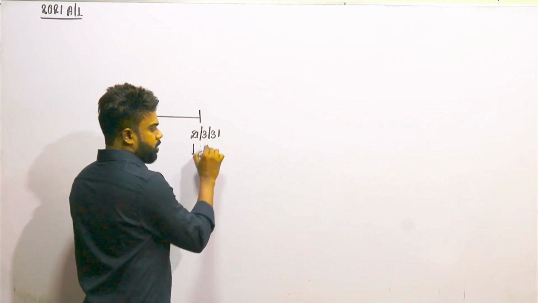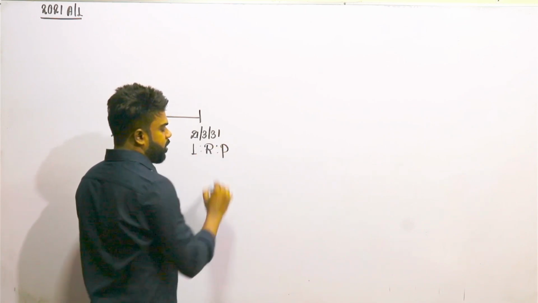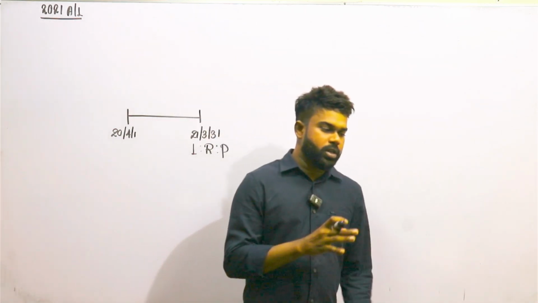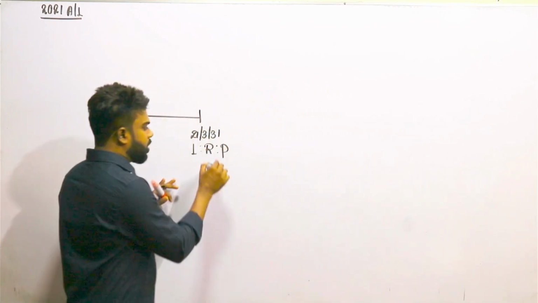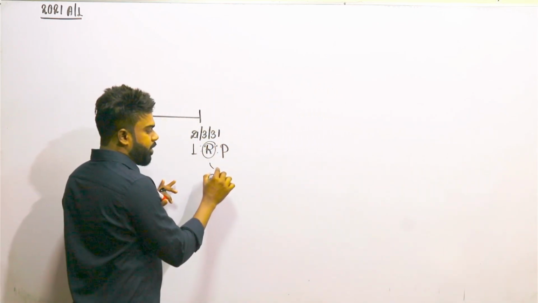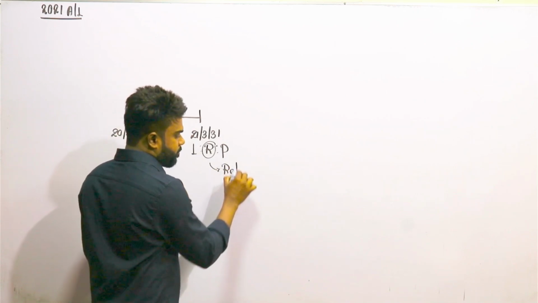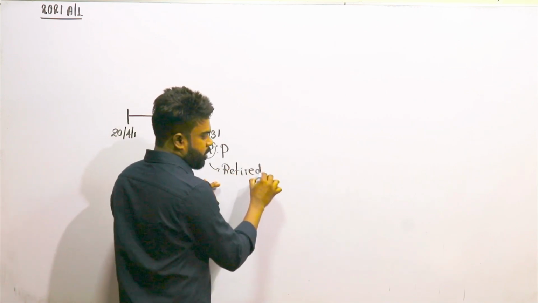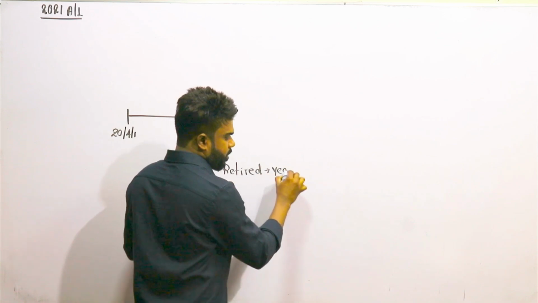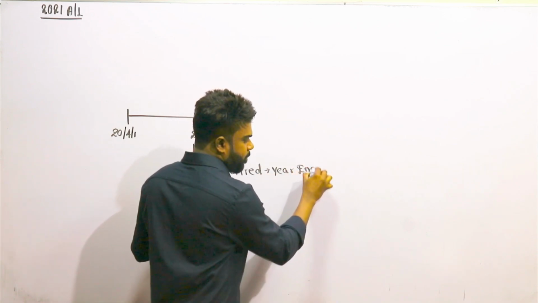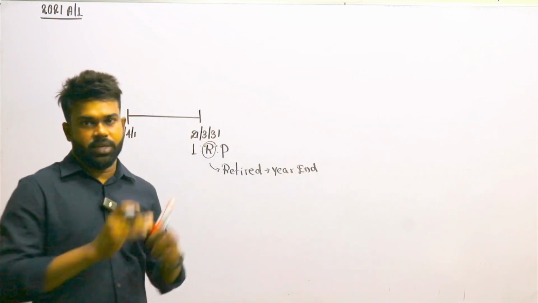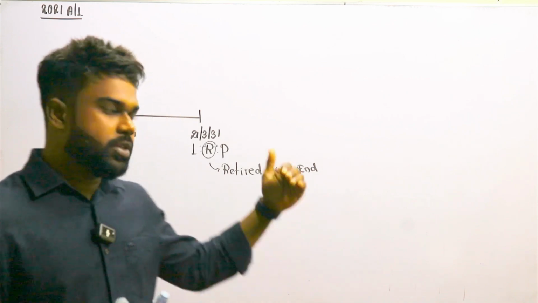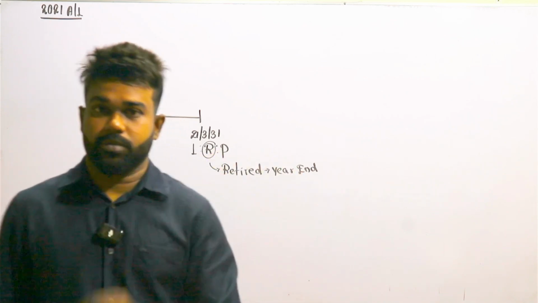Lal, Ravi, and Pia. So in this question, Ravi retired from the business at the end of the period. So please tell me, should we provide 3 benefits to this retired partner, Ravi?